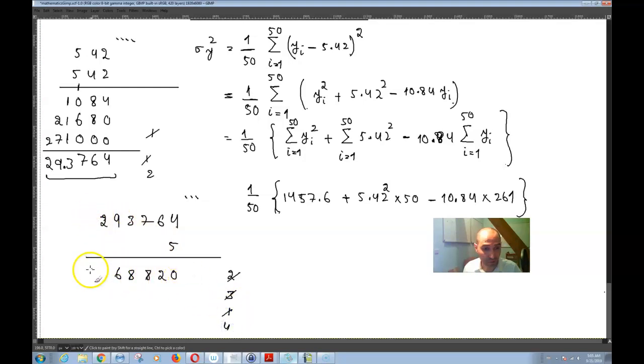And 5 times 2 is equal to 10, 14. And 3 decimal places, that's 1468.82. So that means that 5.42 squared times 50 is equal to 1468.82, which is the correct answer.